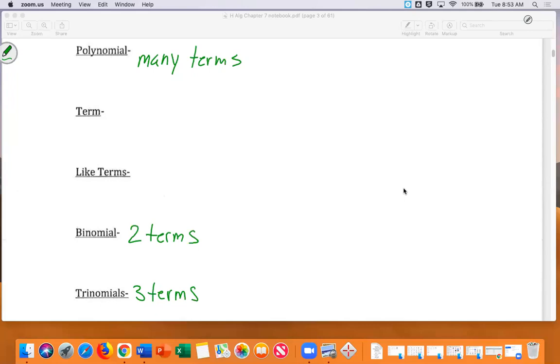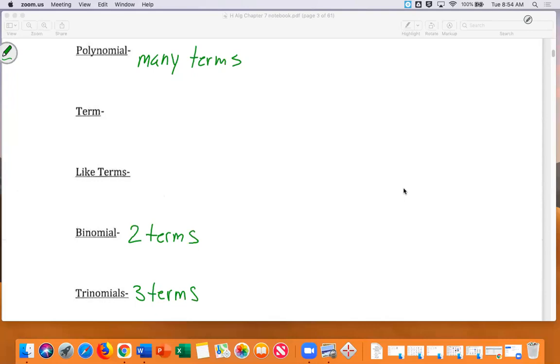Now we have these 2 in the middle, terms. Everything so far on this page is all about terms. So what is a term? Any idea? Like the number? I think you're struggling for a word for it.